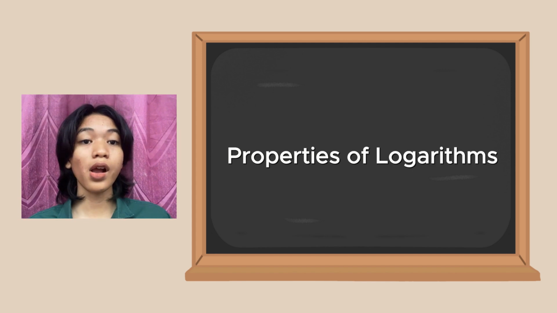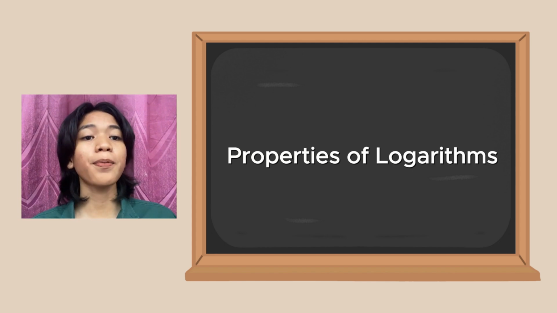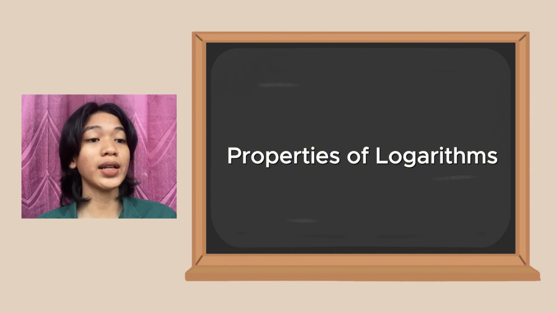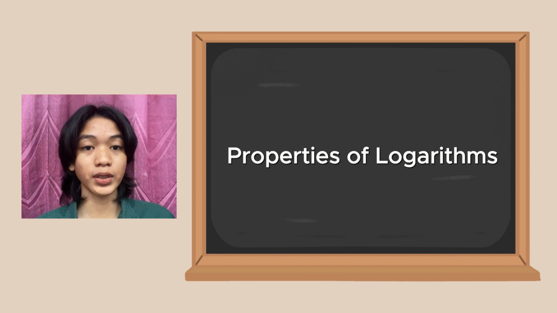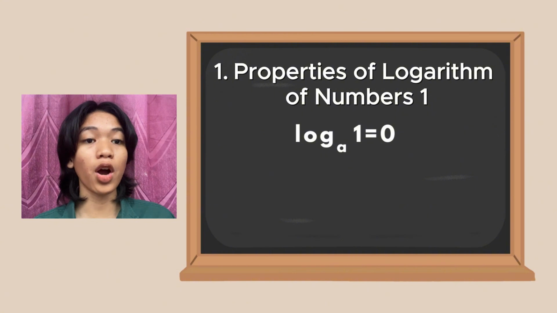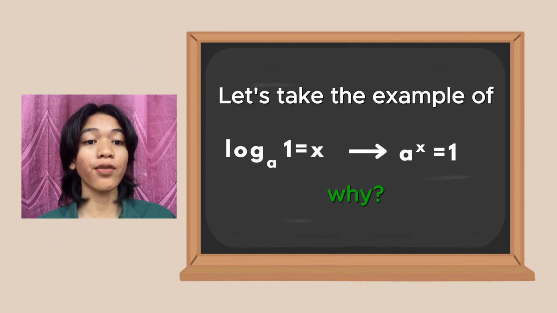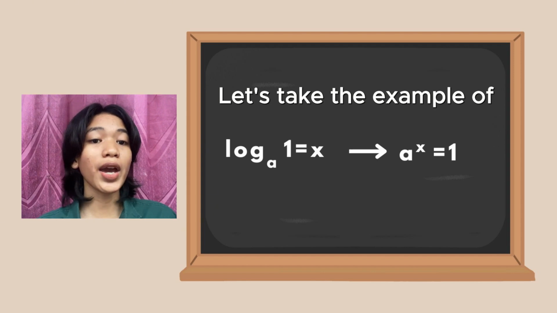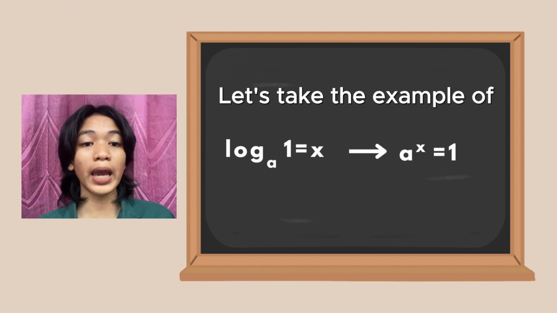Okay, then logarithms also have properties that you need to understand in order to solve logarithmic problems. 1. Properties of logarithms of numbers 1. Log base a of 1 equals 0. Why? Let's take the example log base a of 1 equals x. So we have a to the power of x equals 1.